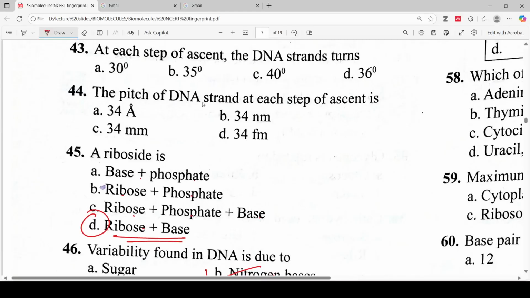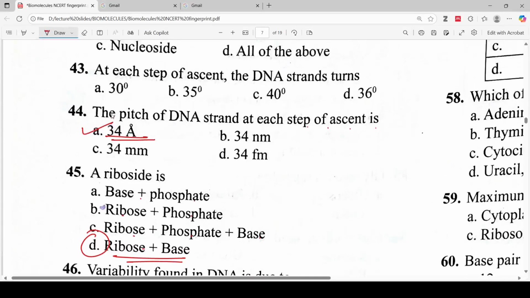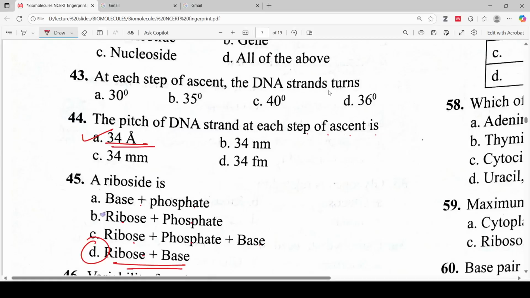The pitch of DNA strand at each step of ascent is. So the correct answer will be option A, 34 angstrom. Next question. At each step of the ascent, the DNA strands turn. So the correct answer will be option B, 36 degree.